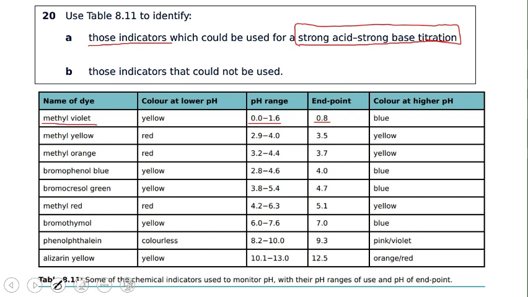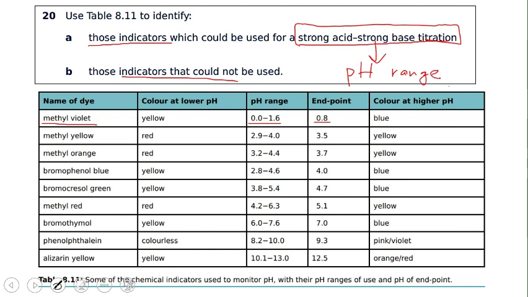So for the strong acid and strong base titration, we have to tell which indicator from this table we can use. And in part B, we have to tell which indicator we cannot use. So before choosing the indicator, first of all, we have to see how we can check. We can check by checking the pH range of this strong acid and strong base.